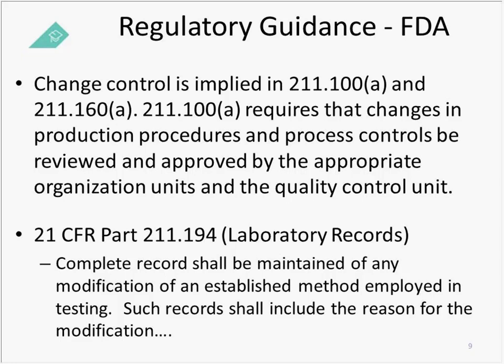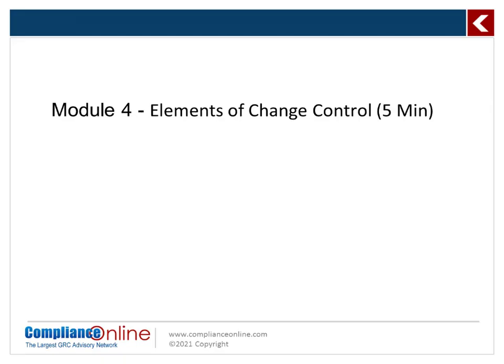They pretty much require the exact same thing from all the regulatory bodies around the globe. The wording may be slightly different, but the expectations play out the exact same. They require that changes in production procedures and process controls be reviewed and approved by the appropriate organizational unit and the quality control unit.